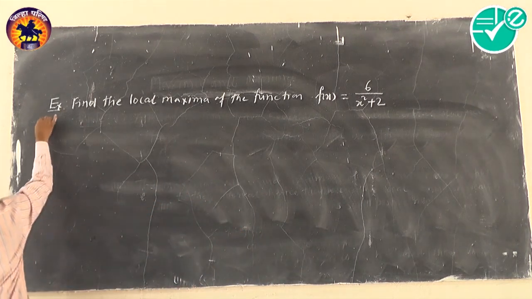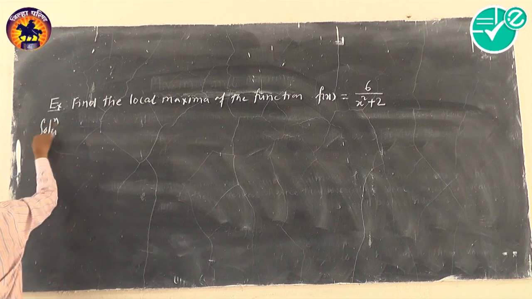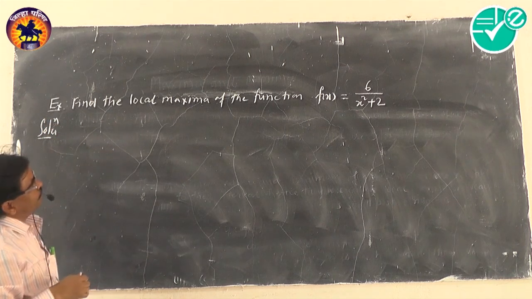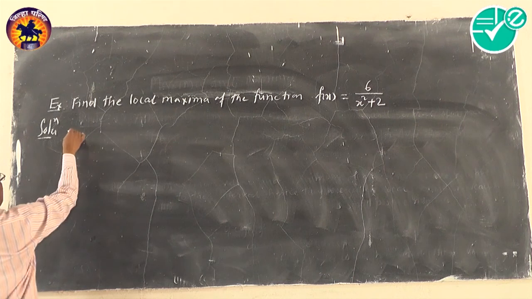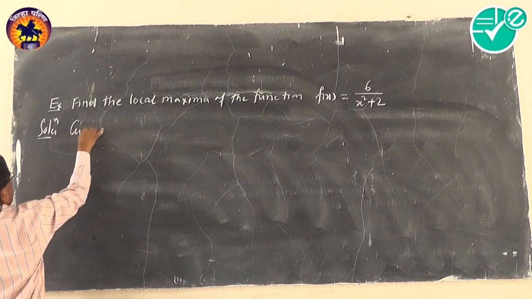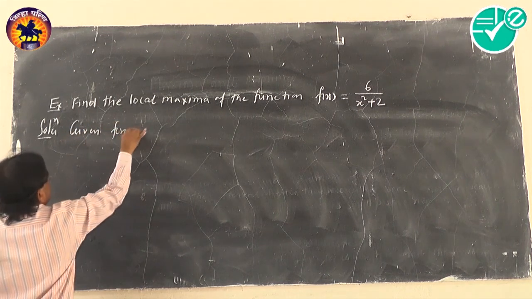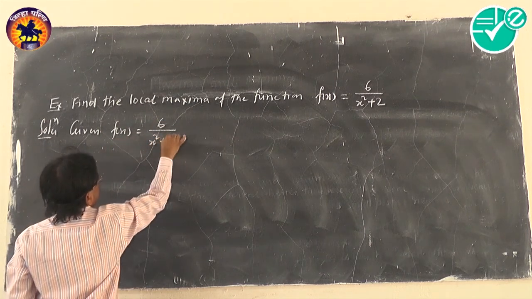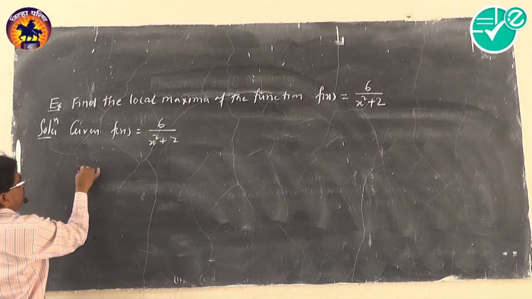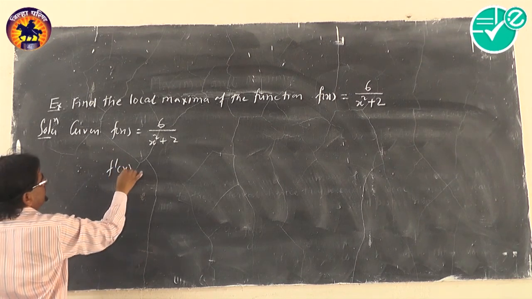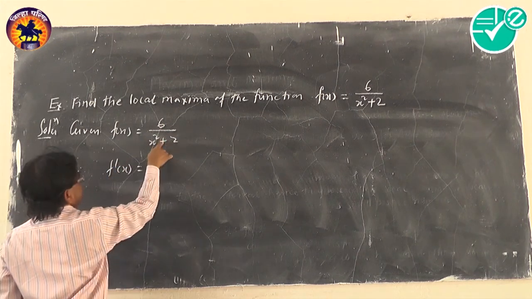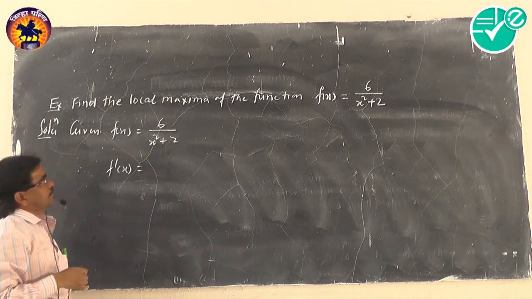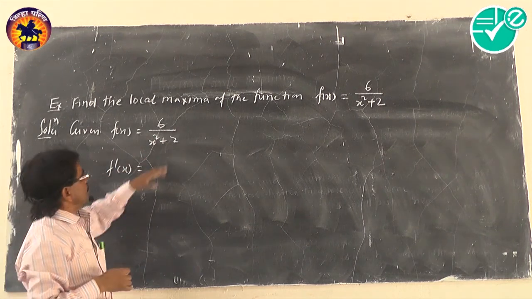Solution. Our aim is to find the local maximum value for the given function. Given f of x is equal to 6 upon x square plus 2. Therefore, f dash x is equal to its derivative. Derivative of this function can be found using the quotient formula.